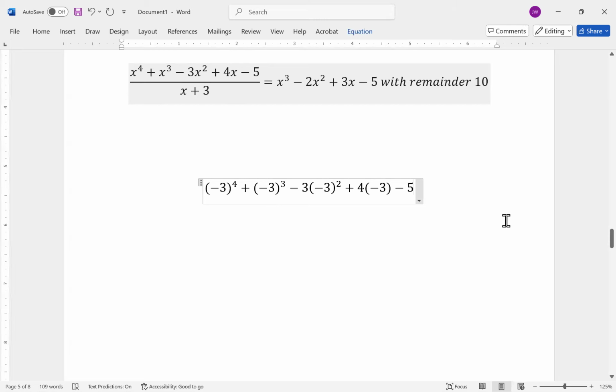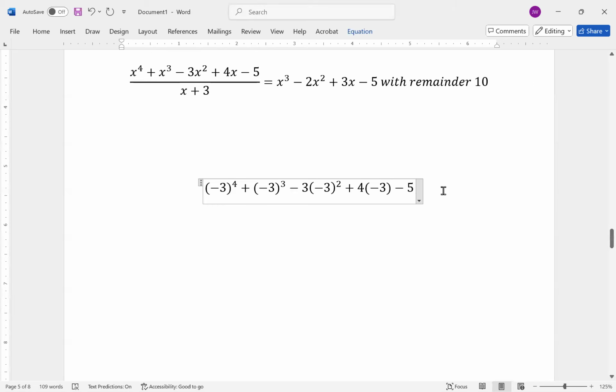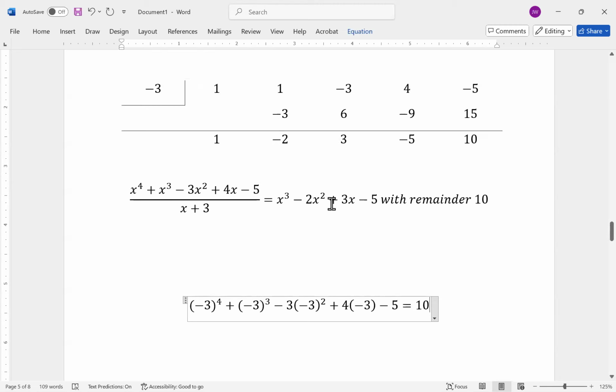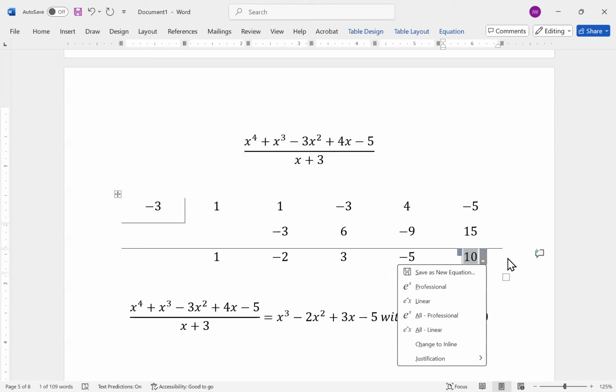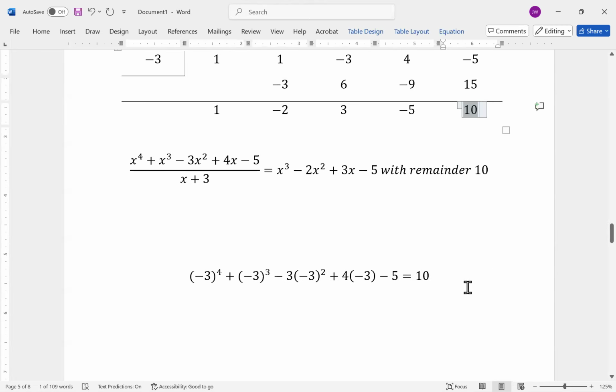When you plug that in, and I just will plug it into my calculator and then compute that, I ended up with a positive 10. You can check that on your own as well. So notice every time we're dividing by this x minus r number, the remainder that we get is the exact same number as what we get by plugging in that r into the dividend here.